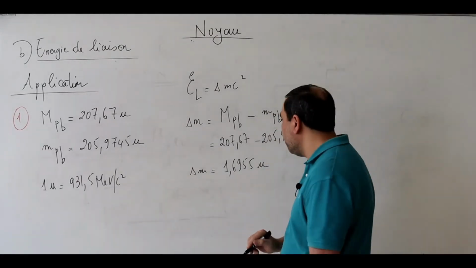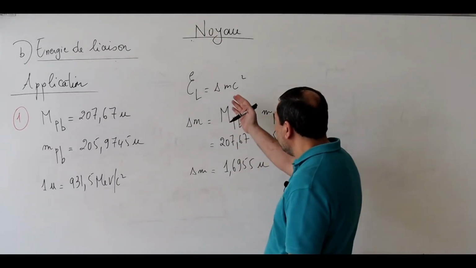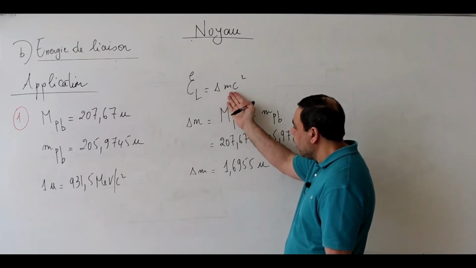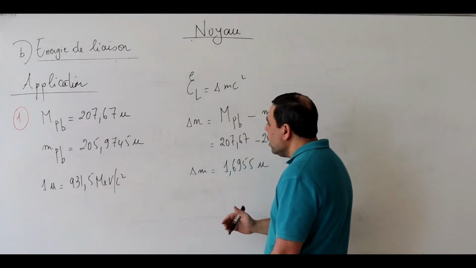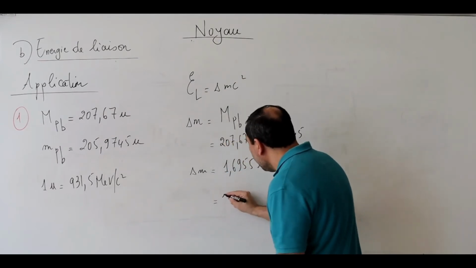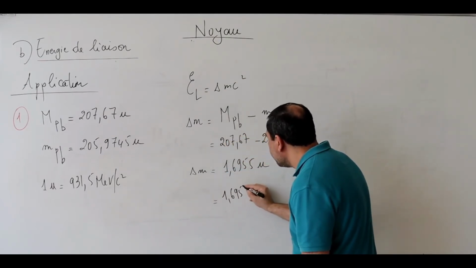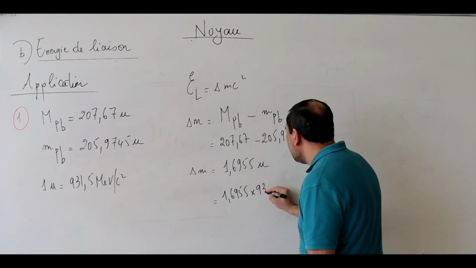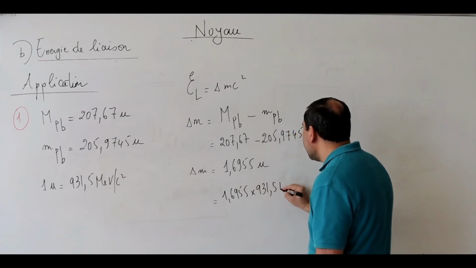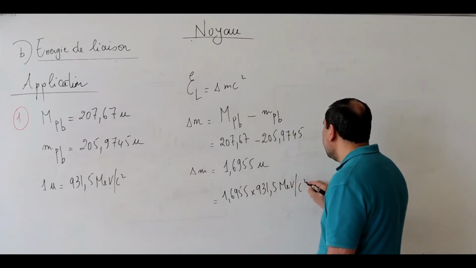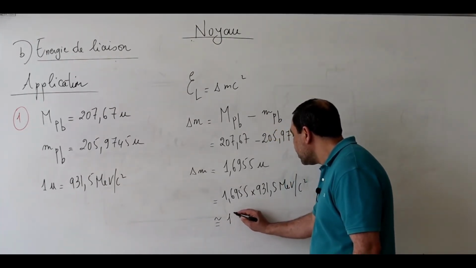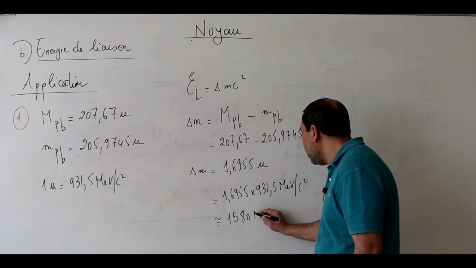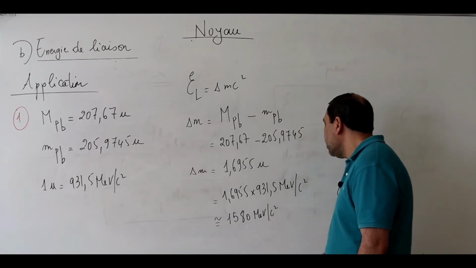Note that when calculating delta m c squared, it is easier to convert from U into mega electron volts per c squared. So what do we obtain? 1.6955 multiplied by 931.5 mega electron volts per c squared. This is approximately 1580 mega electron volts per c squared.